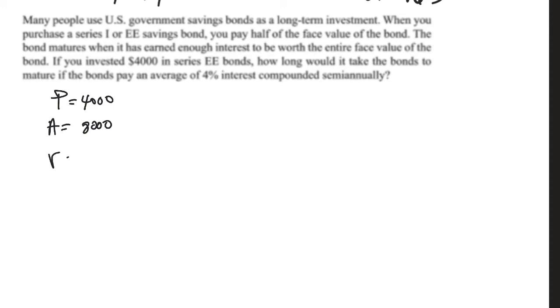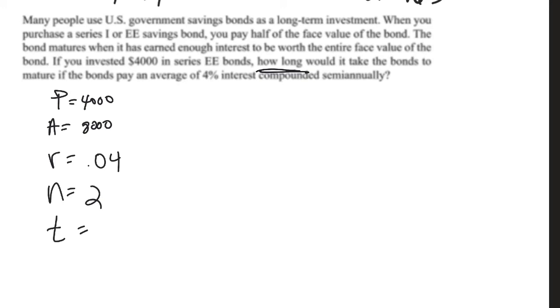We know that the interest rate is 4%. It has to be put in the form of a decimal. We know that the number of times compounded is 2. So there's really nothing left to look for besides the t. But you don't even need to know that because it asks you how long, and t is the only letter that represents time.